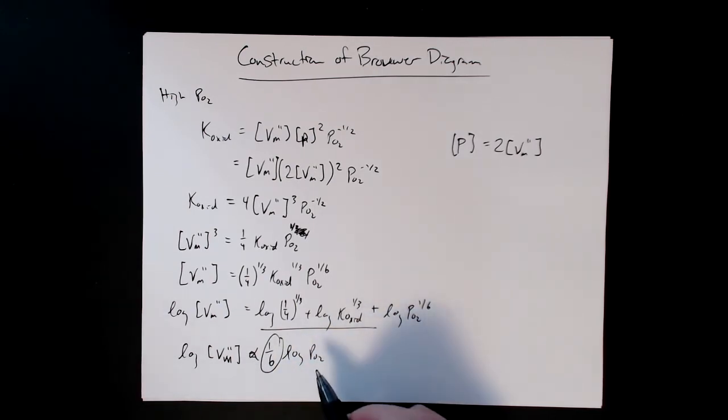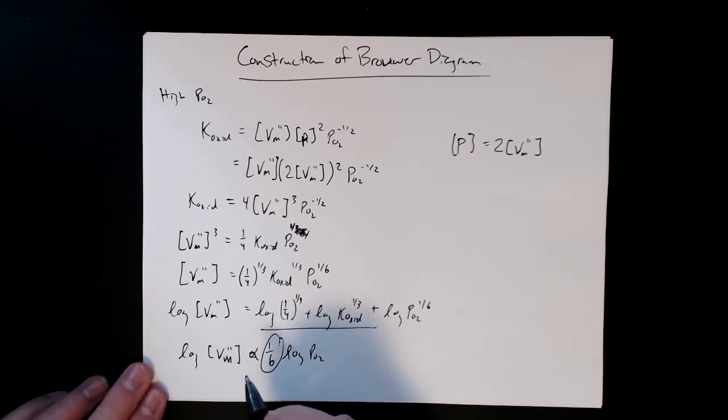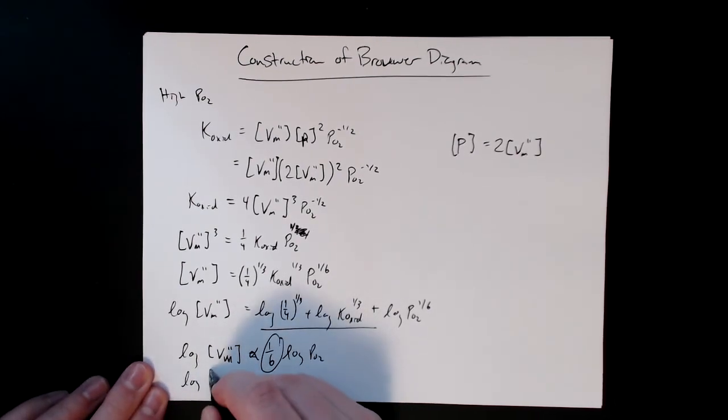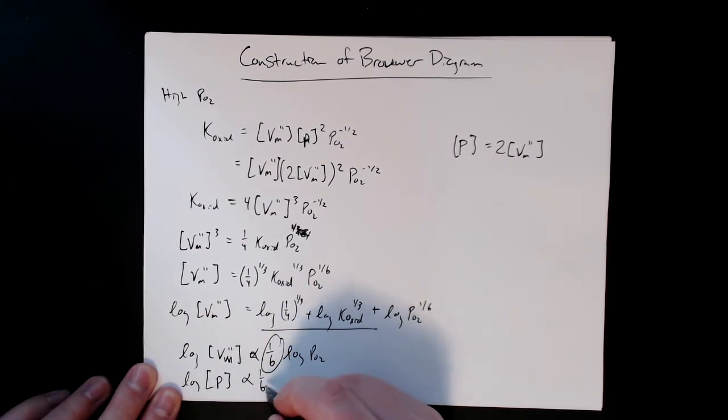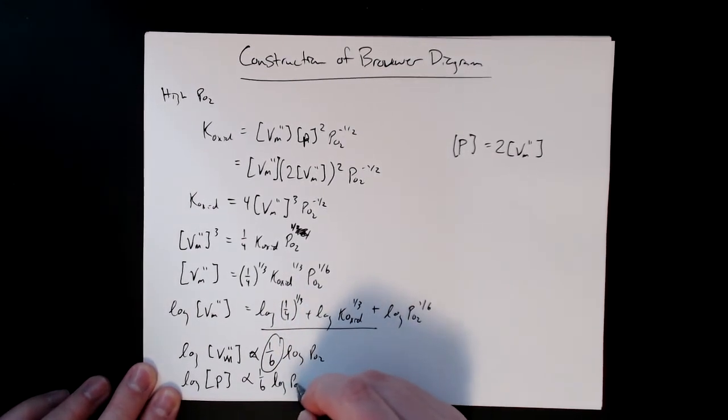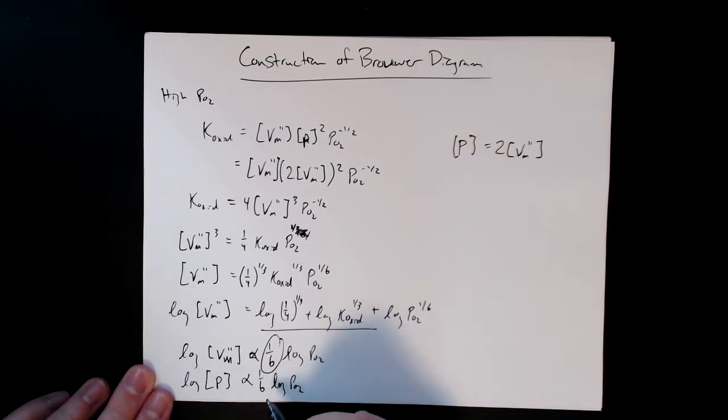And if we do a similar derivation for the log of the electron holes, we'll get that that is also proportional to 1/6 log PO2, just like the other one.